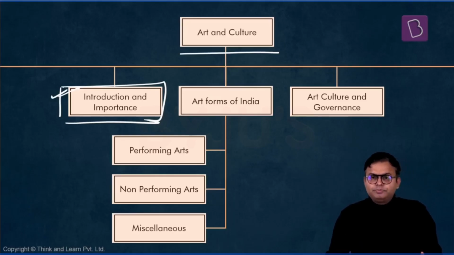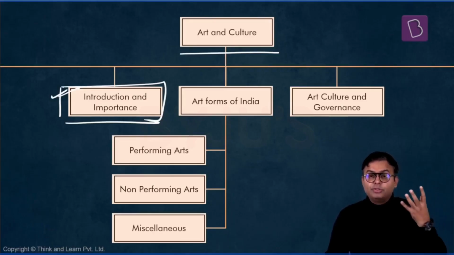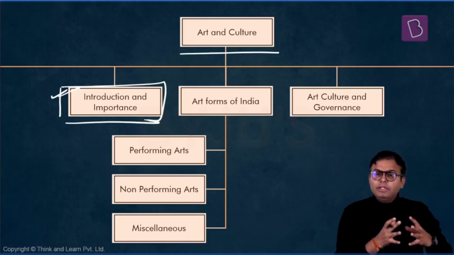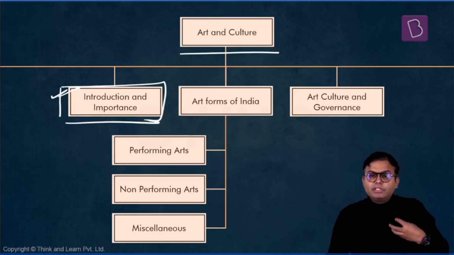So in the first video, I've discussed the art forms, the determinants of art and culture, the government initiatives, what we mean by heritage, why it is important to preserve ancient Indian heritage, the various laws, recent government schemes, everything. As I always believe, art and culture is not a relic of the past. It is ingrained in our daily life.